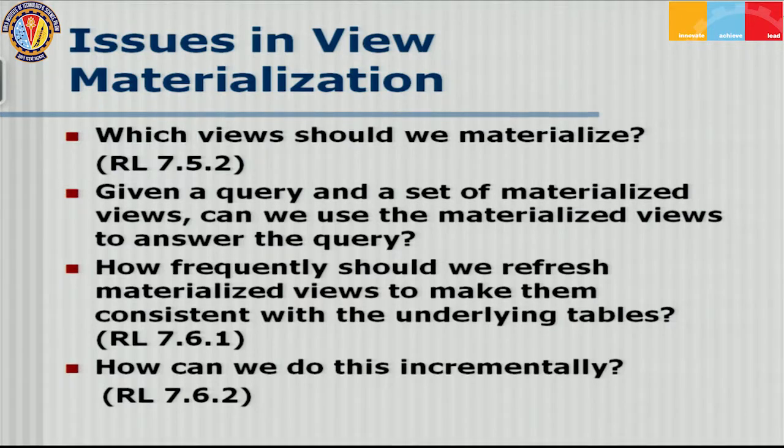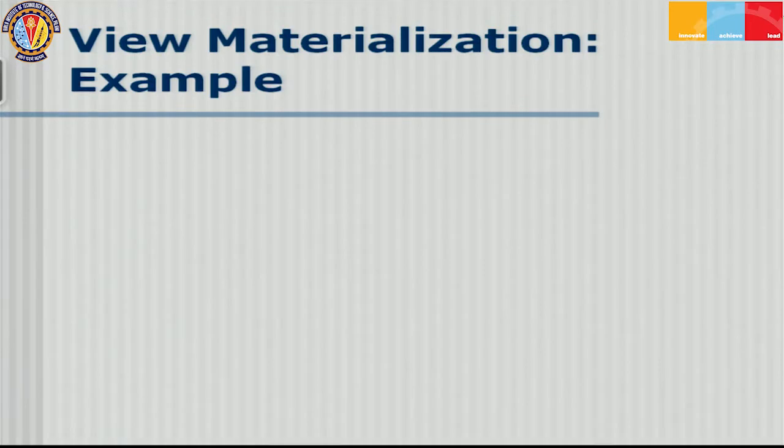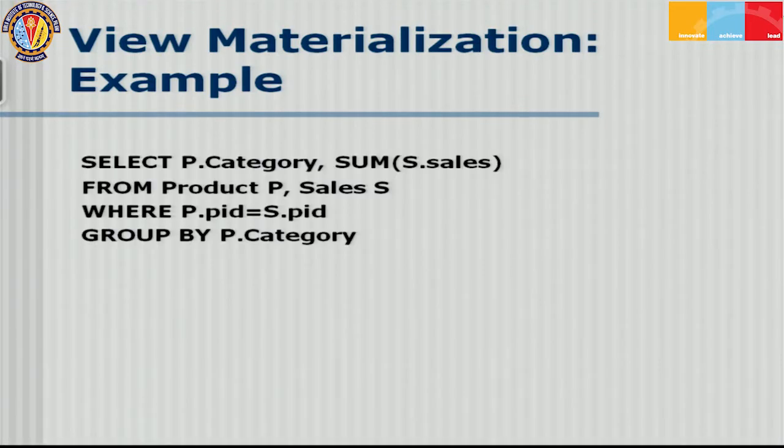So let me try to give you now some examples of materialized views. Suppose this is a query. I'm sure all of you are familiar with the aggregation type of queries in SQL in general, so all of you are comfortable with that. This is a very simple query. You can see what is being asked: select p.category.